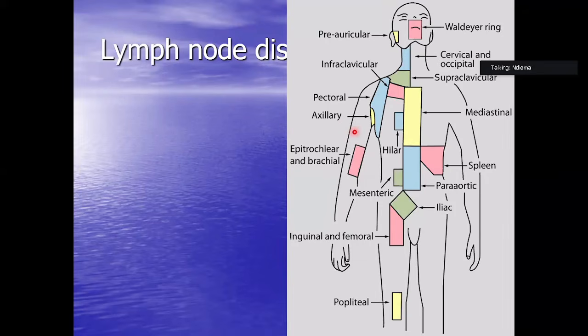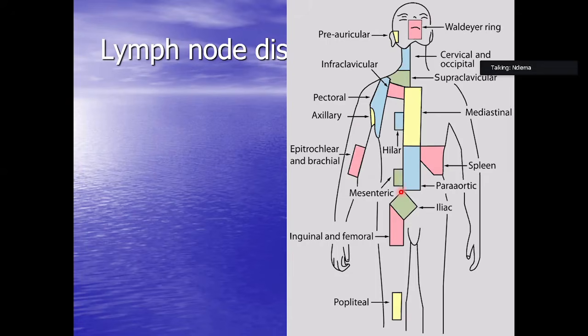Lymph nodes produce activated lymphocytes.